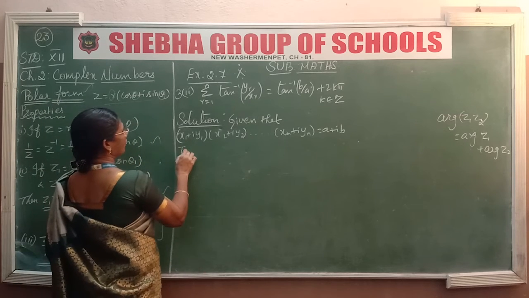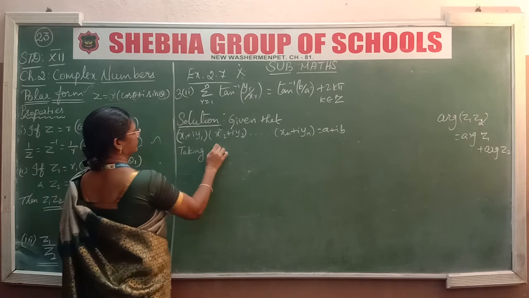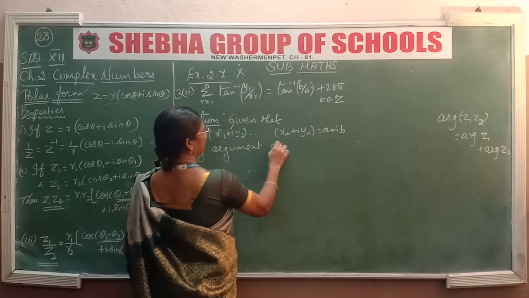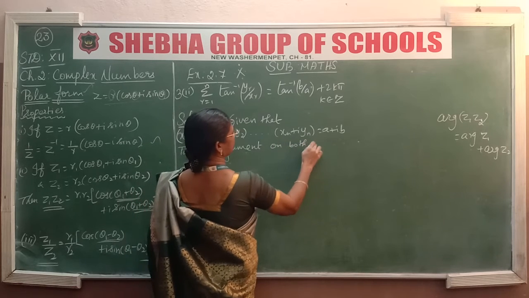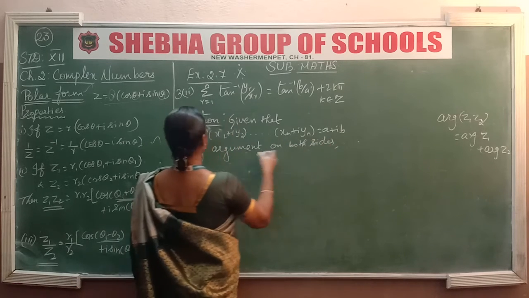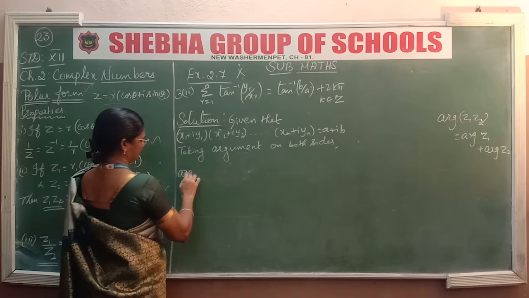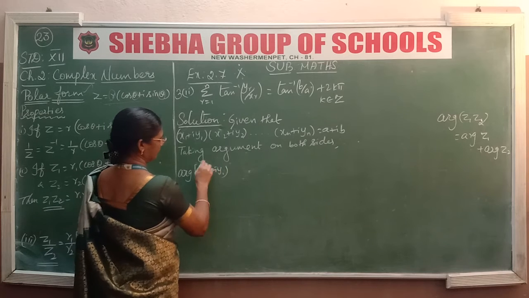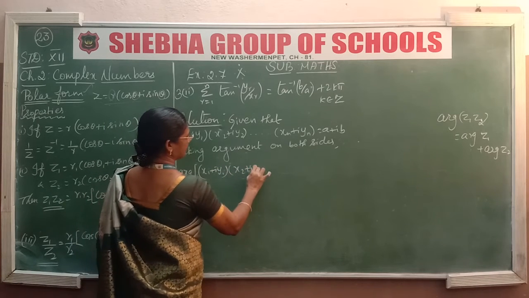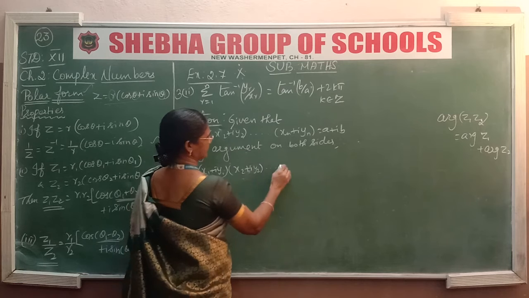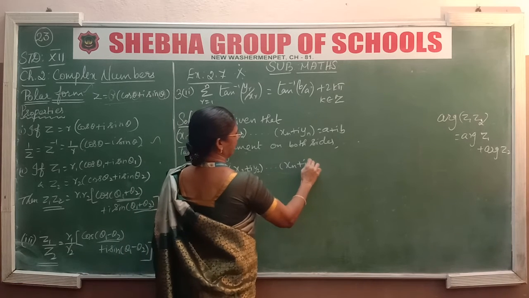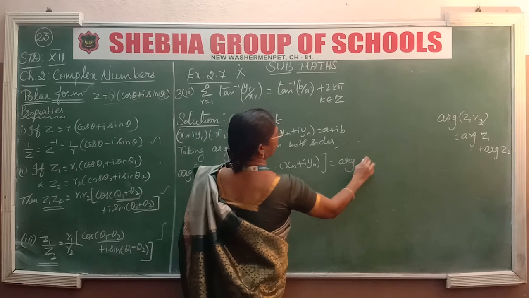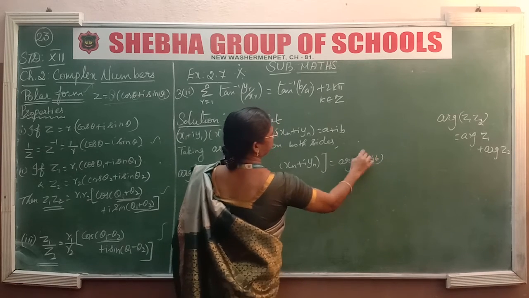Now taking argument on both sides, we get argument of (x1 plus iy1)(x2 plus iy2) and so on up to (xn plus iyn) equals argument of a plus ib.